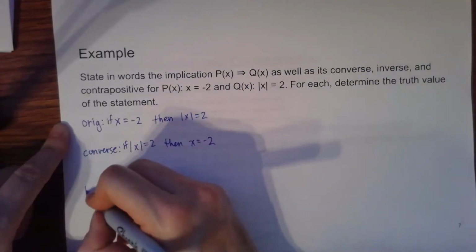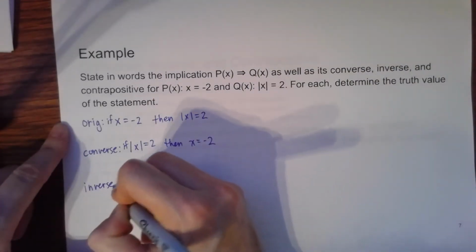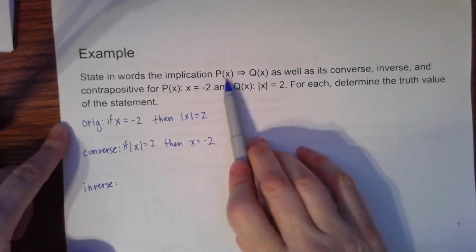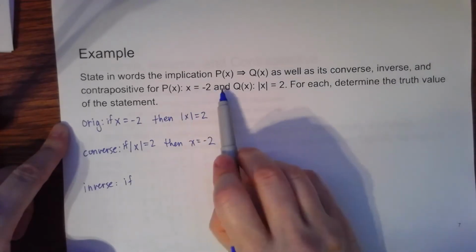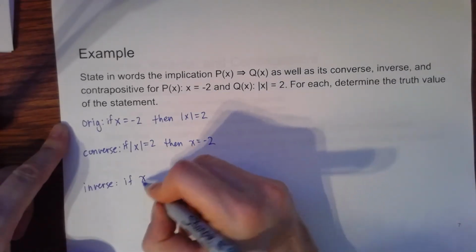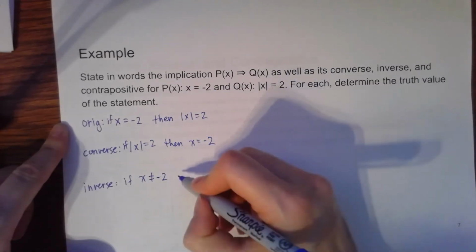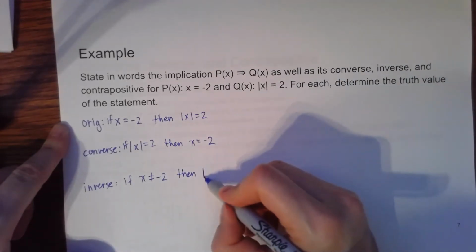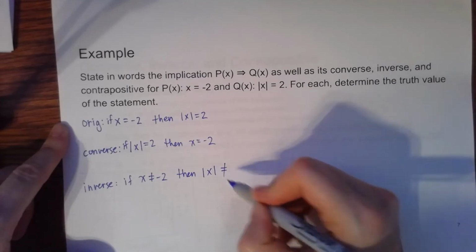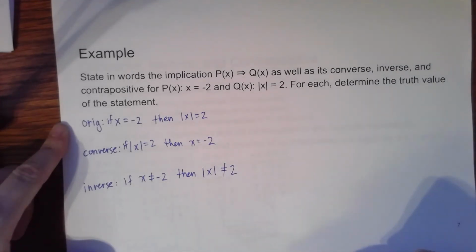Then let's look at the inverse. For the inverse, we do not P. So that would be if x is not equal to -2, then not Q, which is the absolute value of x is not equal to 2. And finally, the contrapositive.